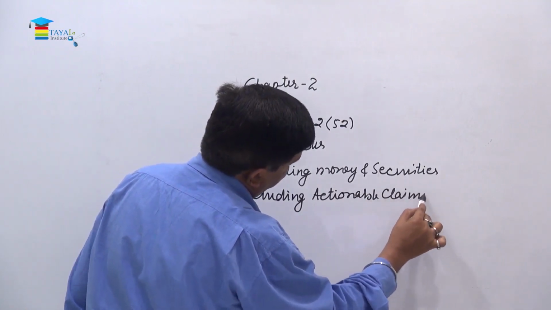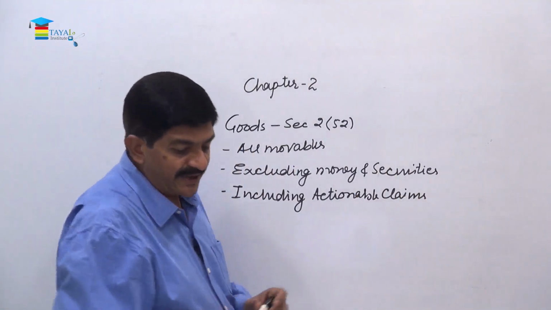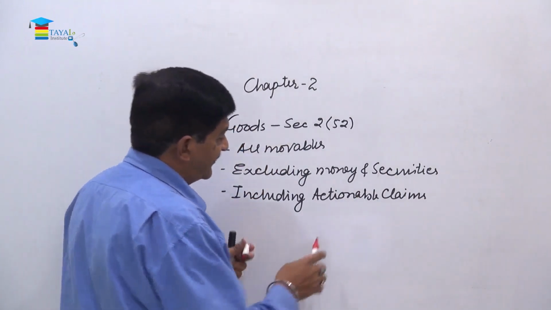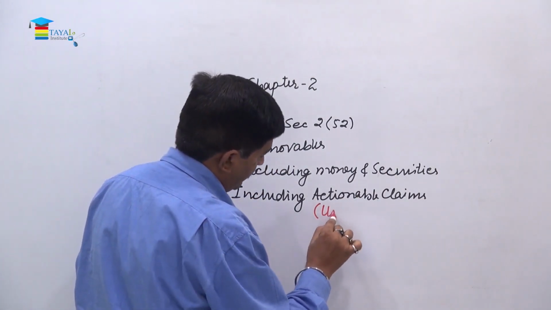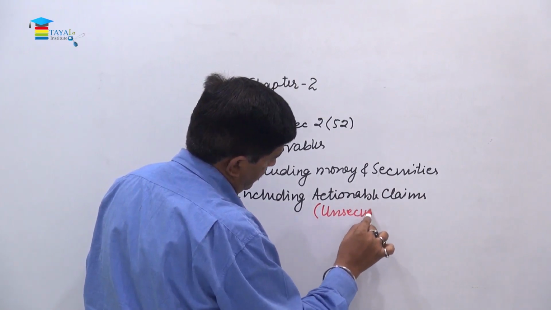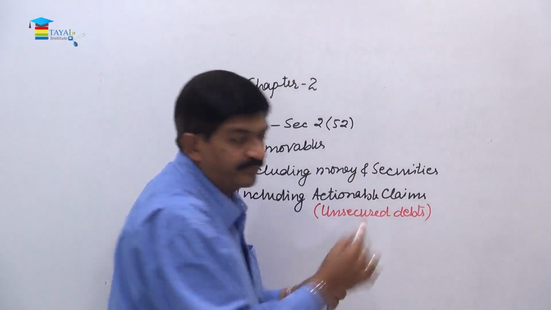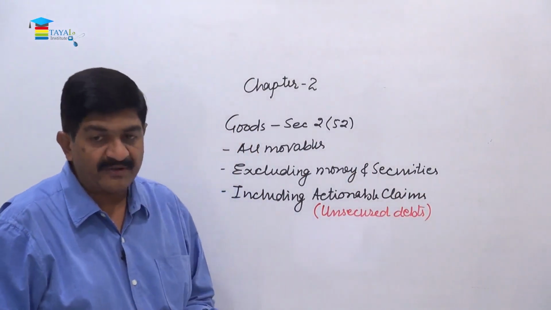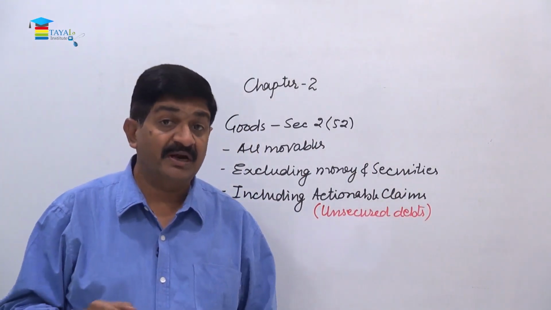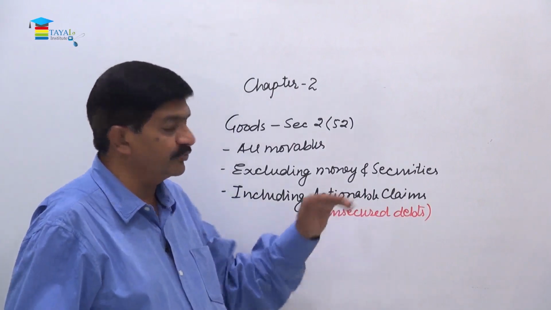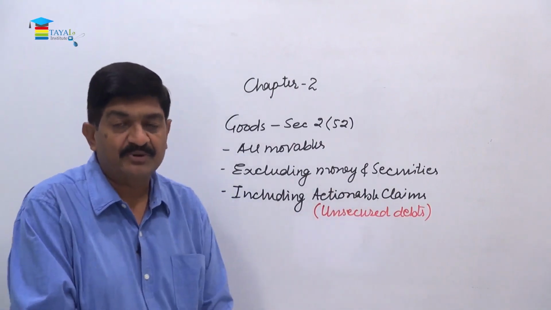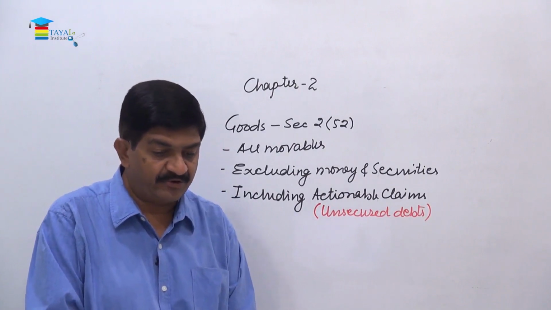So what are actionable claims? For that I can give you a very simple term: unsecured debts. When the debt is secured by way of mortgage or hypothecation, that is not regarded as an actionable claim. So in one word, actionable claim is unsecured debts.